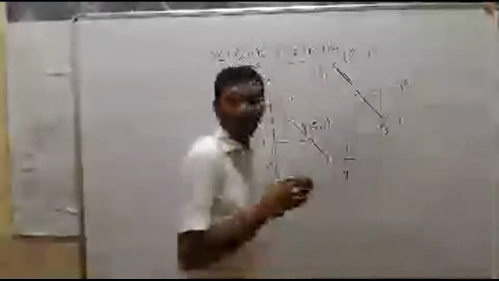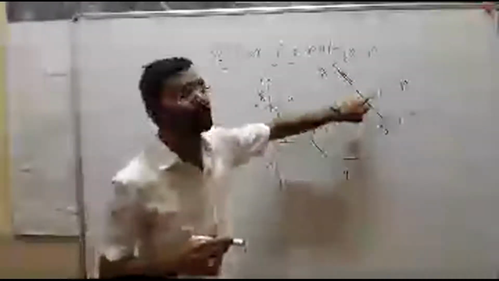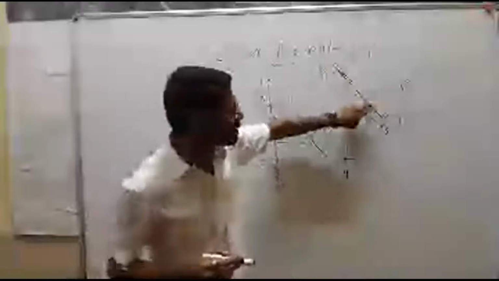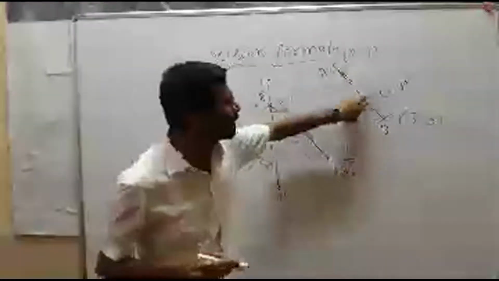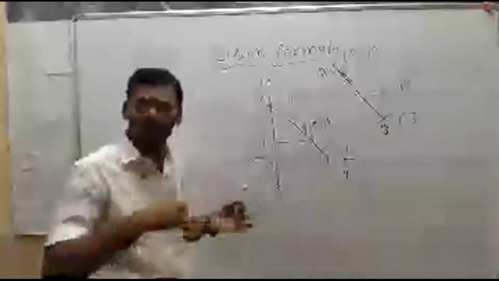So this point P will divide AB. P will divide the line segment AB into how many parts? Two parts. They may be equal parts or not equal parts, no problem.